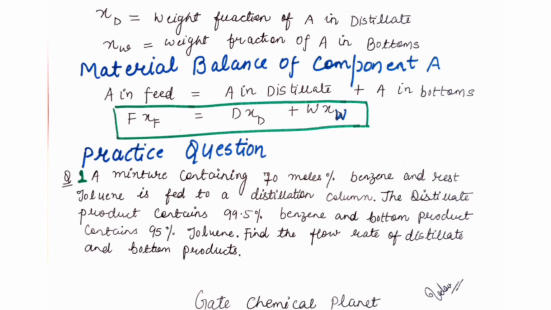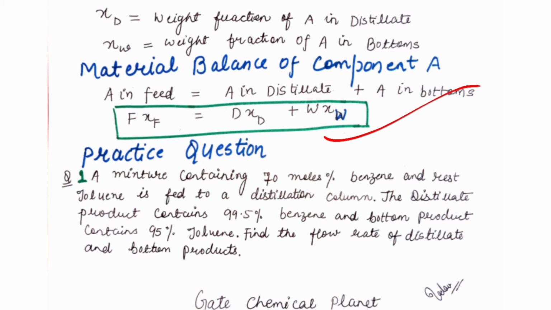A in feed equals A in distillate plus A in bottoms. So the component balance of component A will be F XF equals D XD plus W XW. This is the component balance for A.